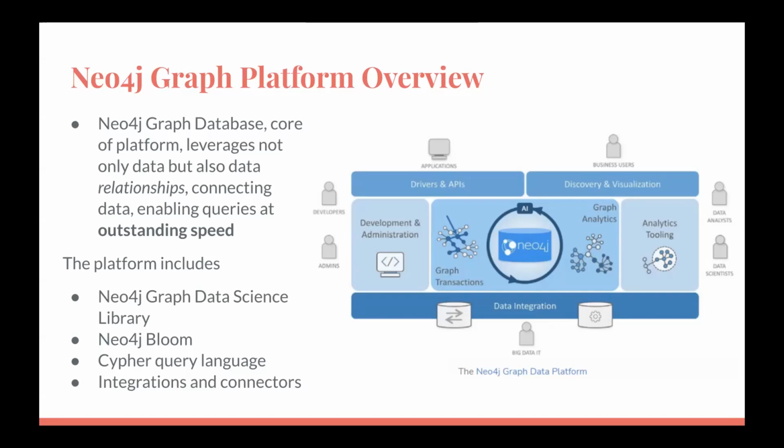The platform includes the Neo4j Graph Data Science Library, the leading enterprise-ready analytics workspace for graph data, and the graph visualization and exploration tool called Bloom, the Cypher query language, and numerous tools, integrations, and connectors to help developers and data scientists build graph-based solutions with ease.